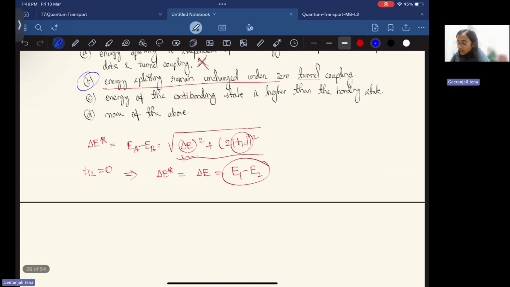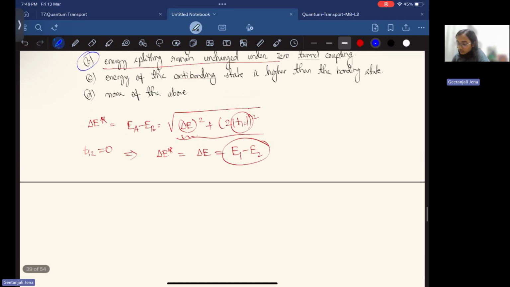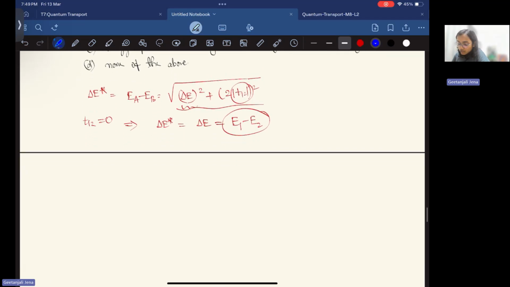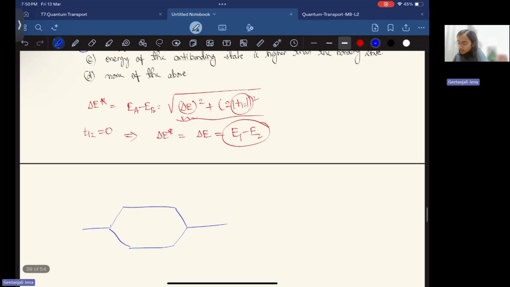Option C, energy of the antibonding state is higher than the bonding state, which is also true because if you start from a situation where E1 and E2 are equal, just to see what is the position of bonding and antibonding state.